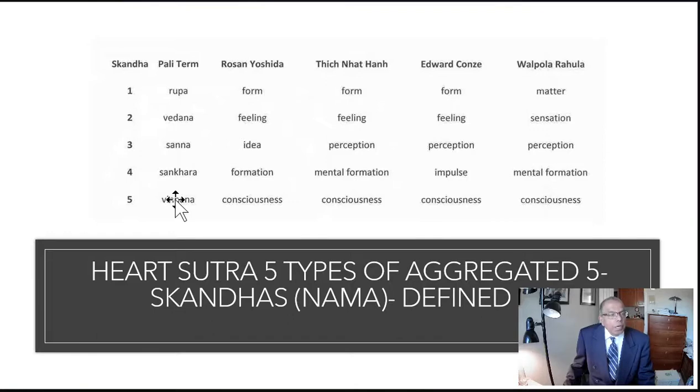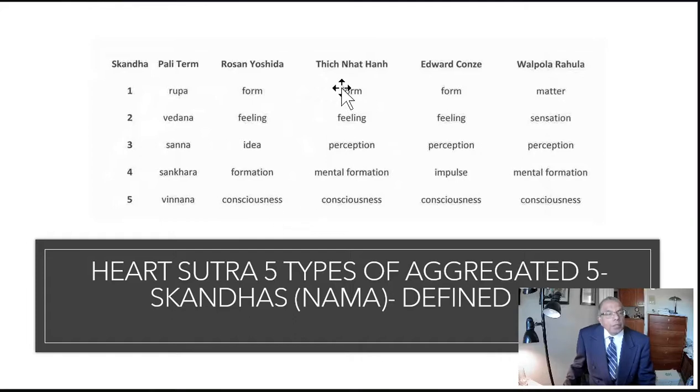Roshi Yoshida described this rupa as form or images, Vedana as feeling, Sanya as ideas, Sankhara as formation, and Vijnana as consciousness.